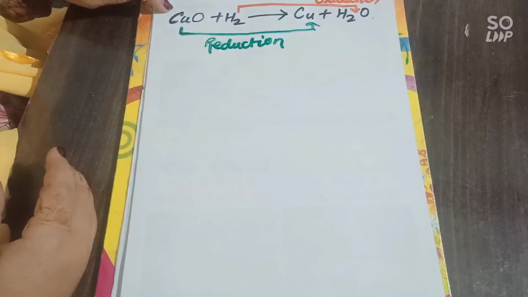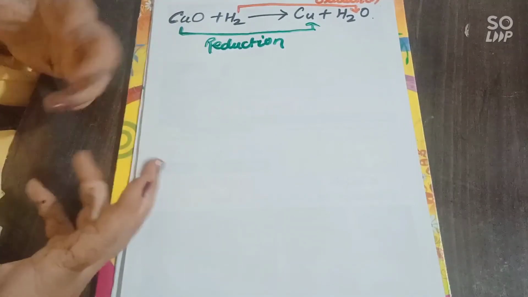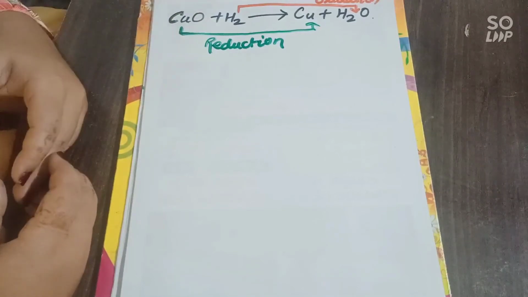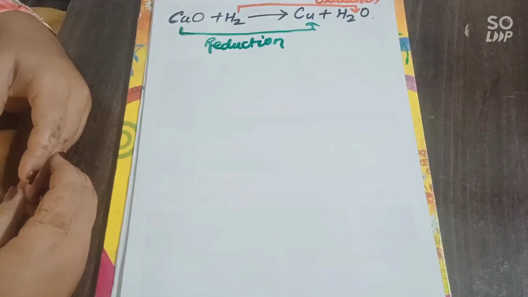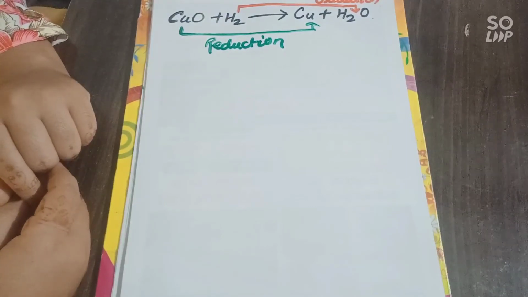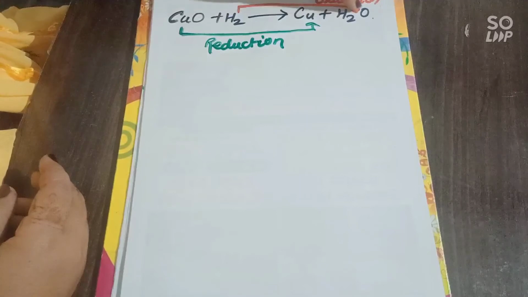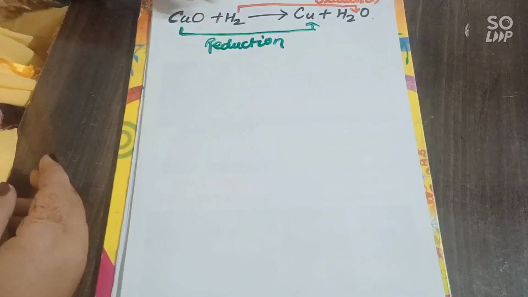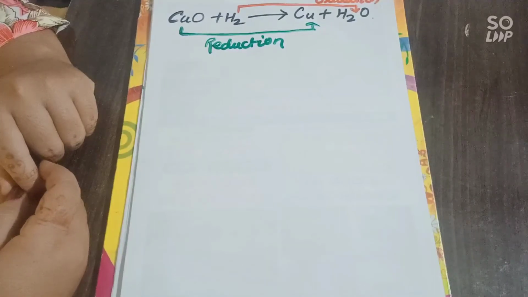Therefore, copper oxide is acting here as an oxidizing agent to provide electrons back to copper, you can say. And H2 is reducing agent because it loses its electron to oxygen to form H2O.